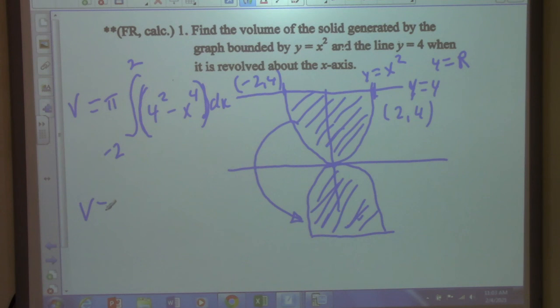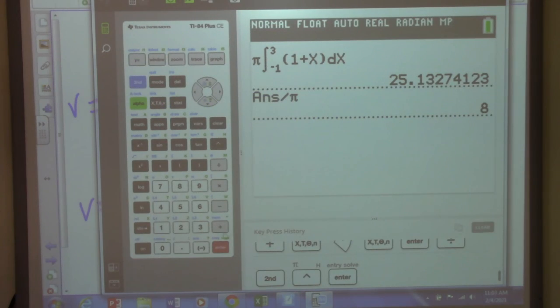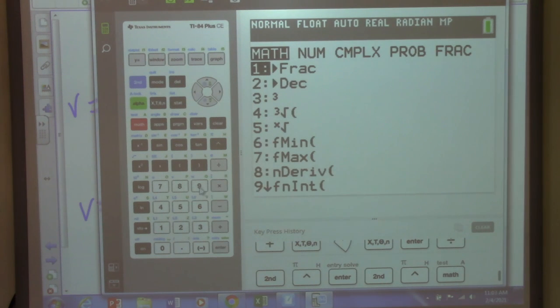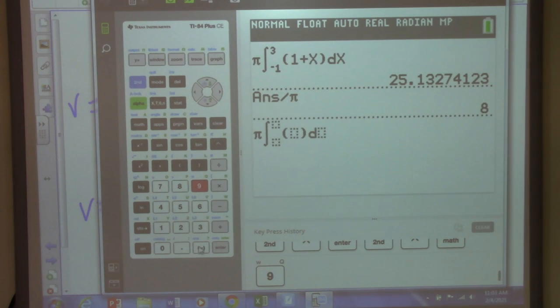And what is our volume going to be for this? We have pi, and the integral from -2 to 2. There's another trick you can do on this, I'll tell you what it is in a minute. With a calculator, it really doesn't matter.